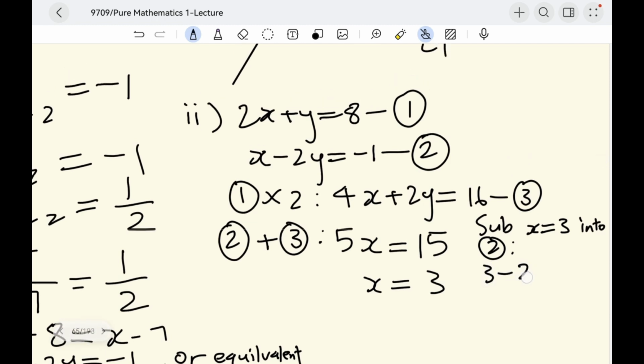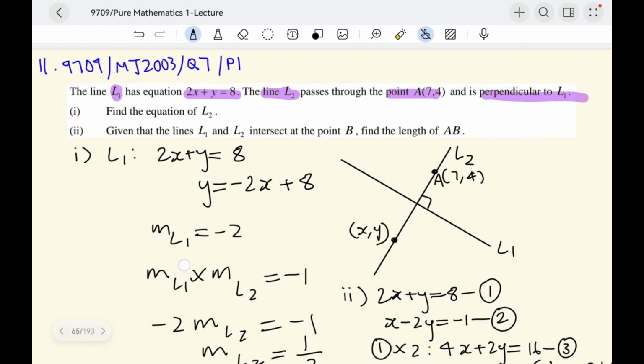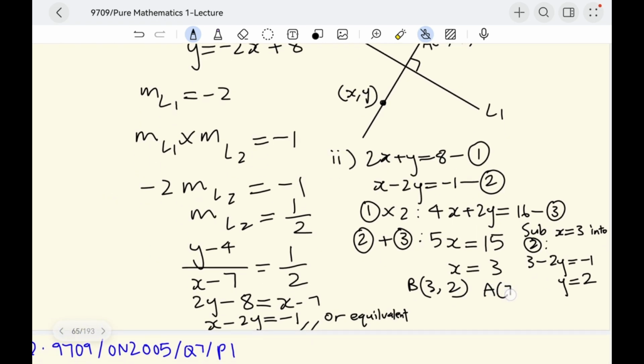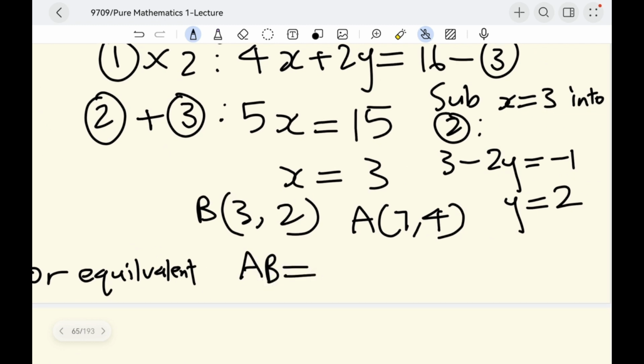So I have 2 times 3 minus 2y equals negative 1. What will be the y coordinate of point B? It is 2. Now you know that the coordinate of B is (3, 2), and given that the coordinate of A is (7, 4), it makes your job easier to find the distance AB, just using the distance formula based on the Pythagoras theorem.